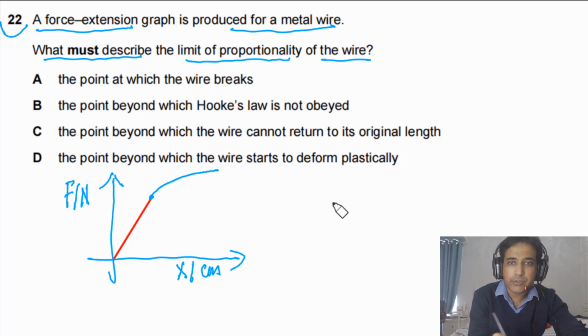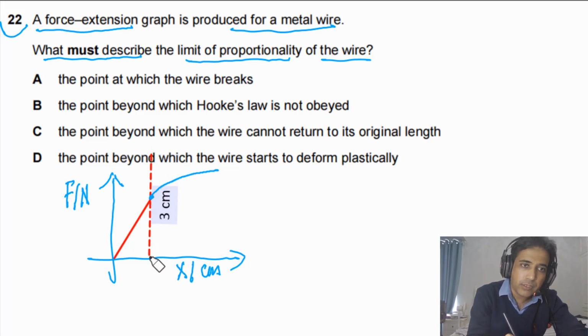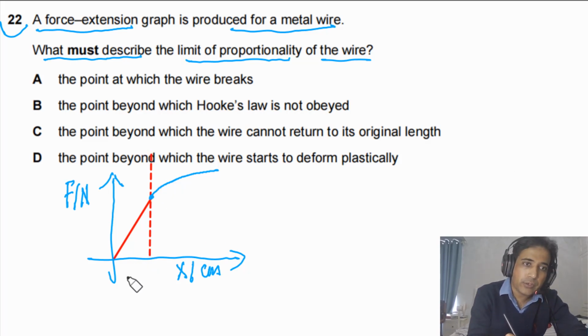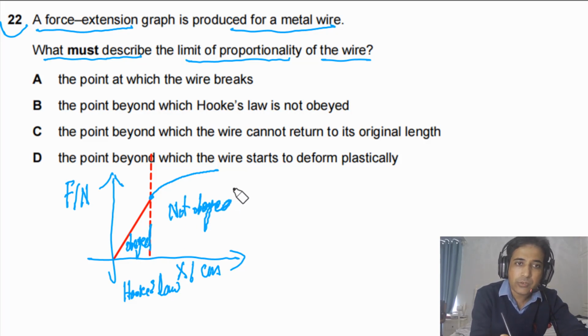This point, until which two quantities are proportional, is the limit of proportionality. Until this point Hooke's law is obeyed, and beyond it Hooke's law is not obeyed.